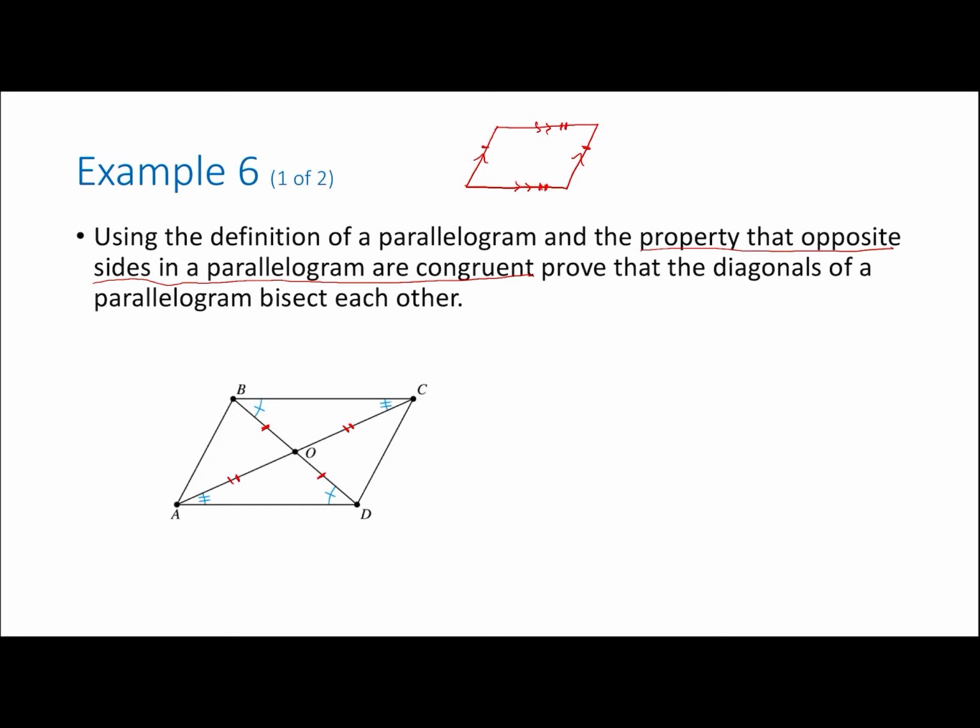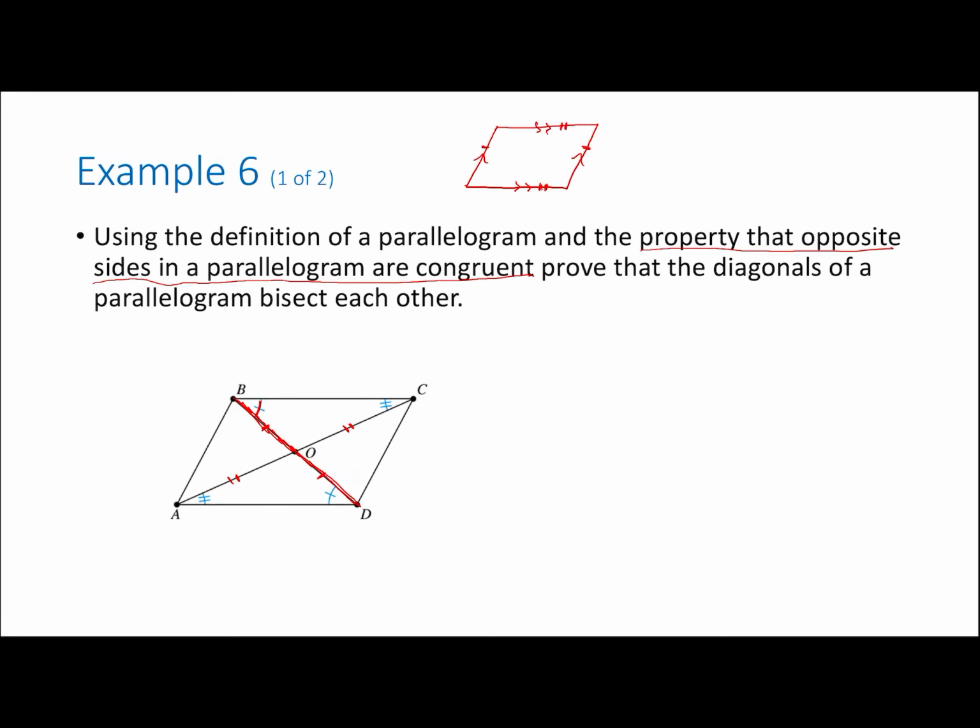We want to prove that the diagonals of the parallelogram bisect each other. We talk about the word bisect, it means they split each other in half. Okay? So what we're trying to show is that this length and this length are going to be the same, and that also this length and this length are going to be the same.